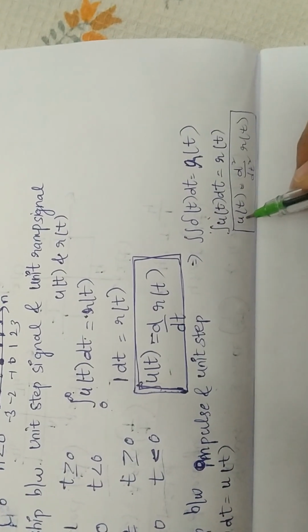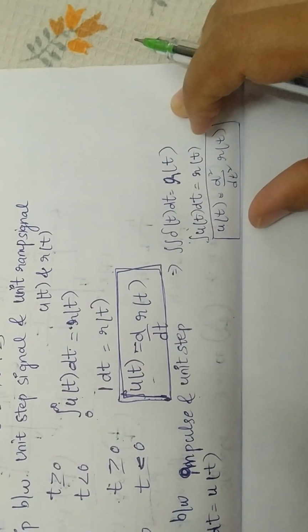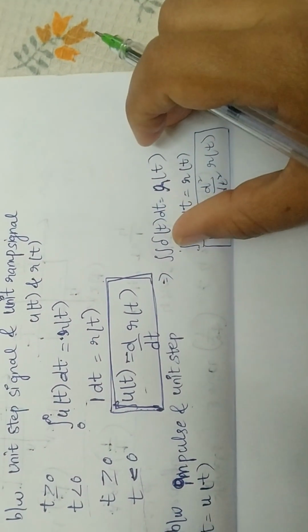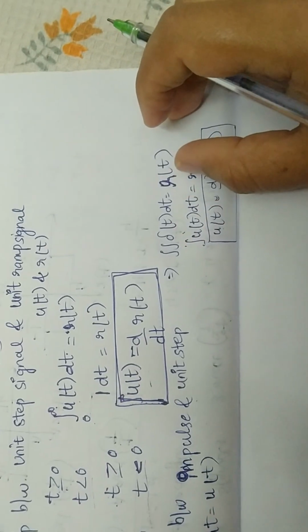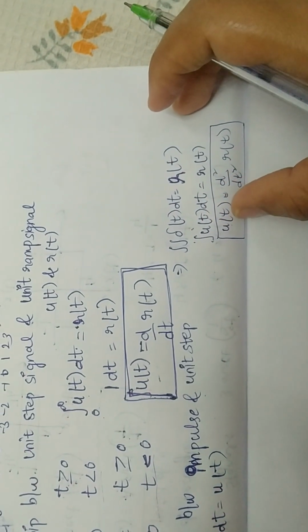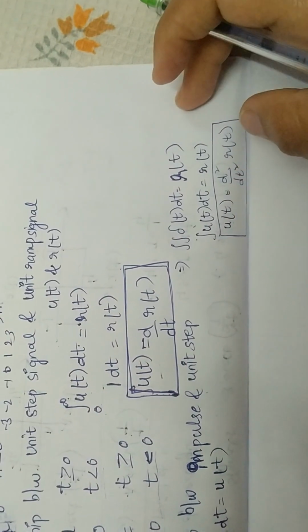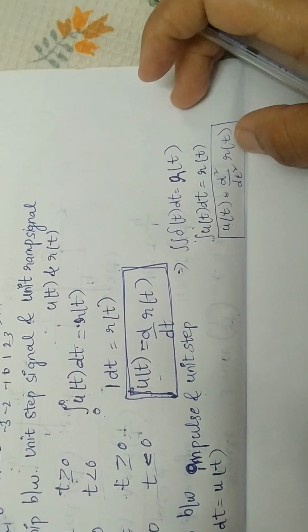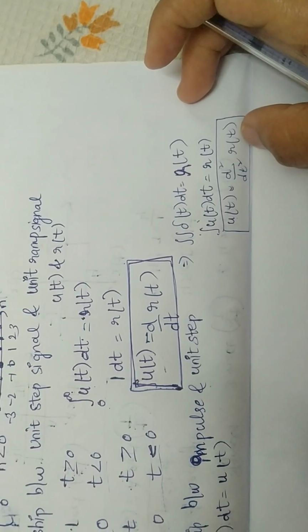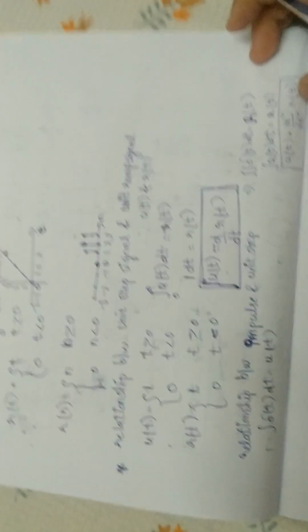This is the relationship between the unit step signal, the impulse signal and the ramp signal, derived using r of t, the unit ramp signal. Okay, thank you.